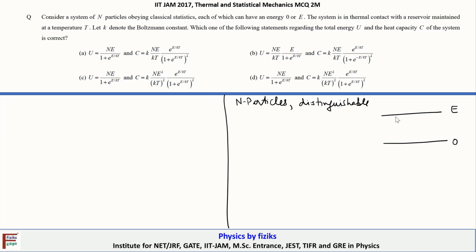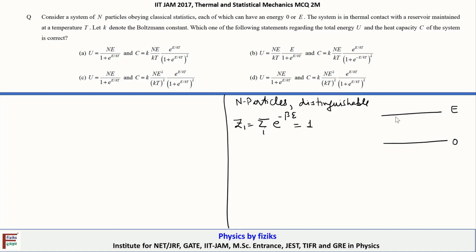So for a one single particle system, the partition function will be the sum of exponential minus beta times the corresponding energy E. Because we have only a two level system, the first term is exponential minus beta multiplied by 0, which gives you 1 only.